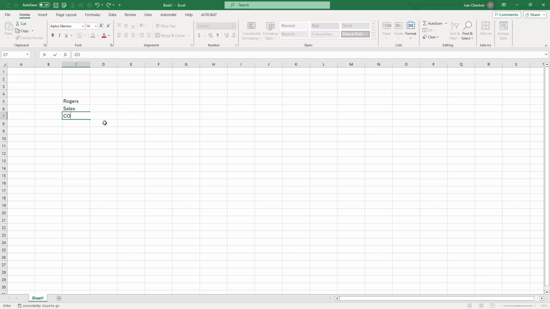Actually, let's go here: cost of goods sold, gross margin, operating expenses. That would be more accurate, net income.